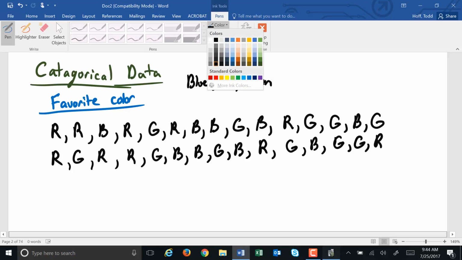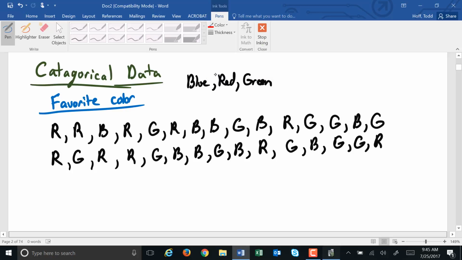Looking at that list, can you tell me, without counting anything, can you just look at that list and tell me which color was the most popular? Now, I could ask that question. I mean, I put those results in there in a very specific way. I could ask that question of a dozen different people and probably get 3 or 4 of each answers to each color.